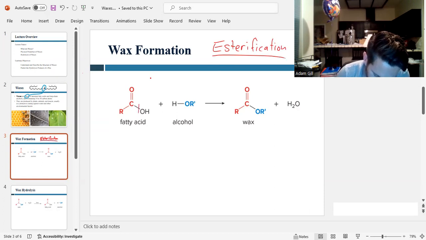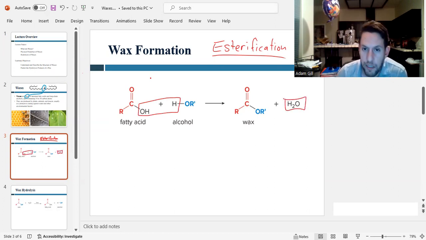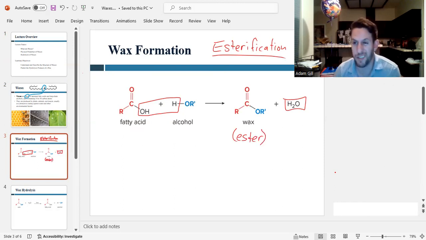We are going to kick out the OH and the H to make water. And where we kick that out, we connect them here as an ester bond. So the wax is your ester. The only thing that makes it a wax is the fact that these carbon tails are really, really long.